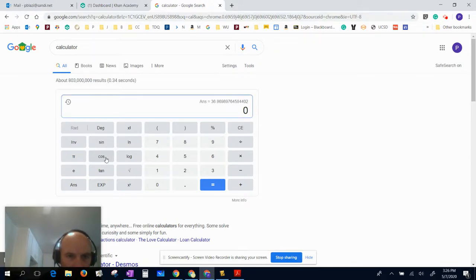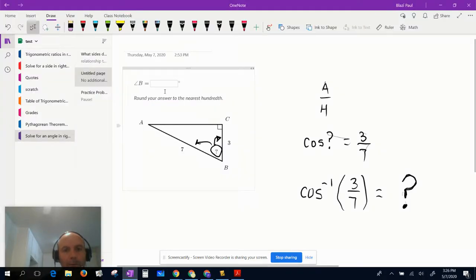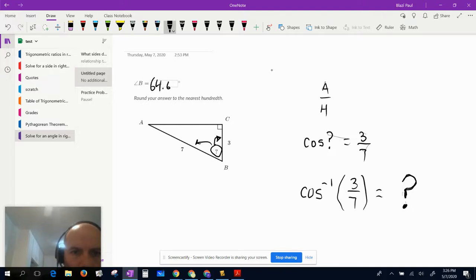So here's my cosine. So inverse, see how it pops it up? So the inverse cosine of 3 over 7 equals 64.62 degrees. Okay, I'm going to show you this on Khan Academy.